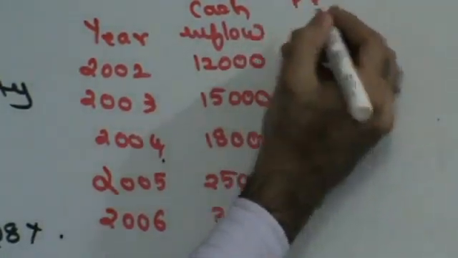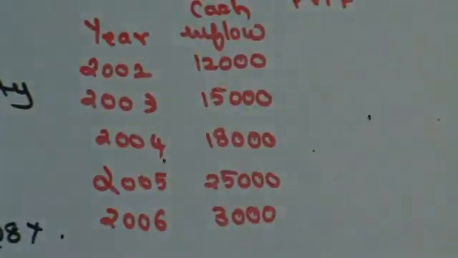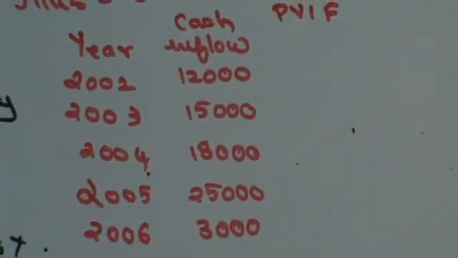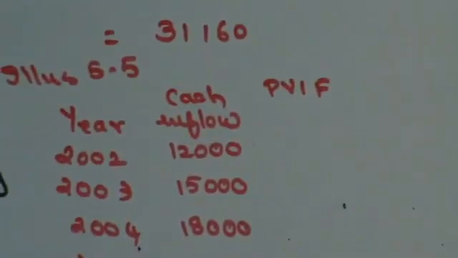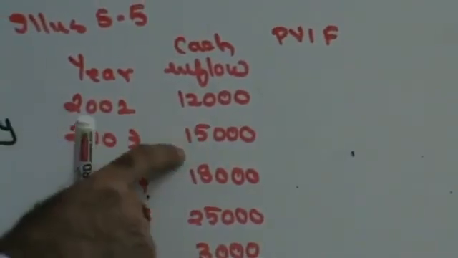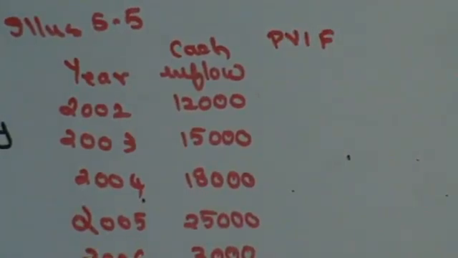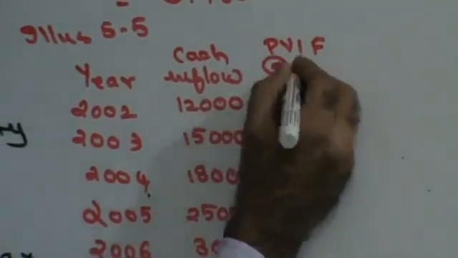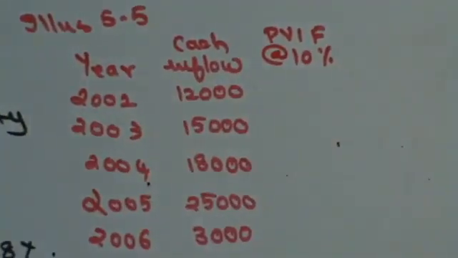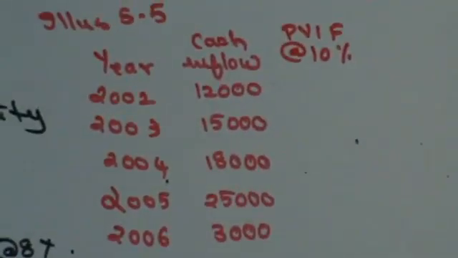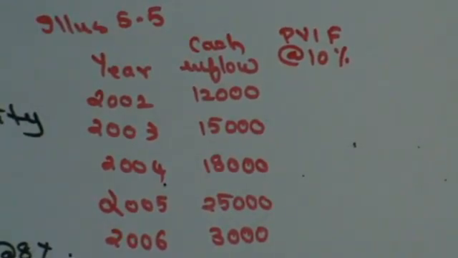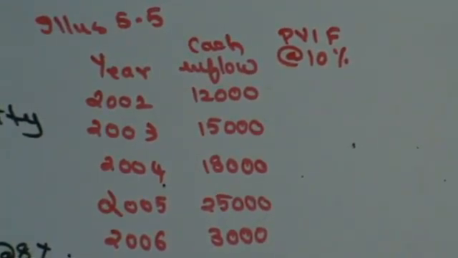So, present value interest factor. Why am I using the present value interest factor? Because this 12,000 I'll get after 1 year. This I'll get after 2 years, 3 years, 4 years and after 5 years. I want to know its present value, so the present value interest factor at the rate of 10%. Please open your present value interest factor table. It's on page 170.